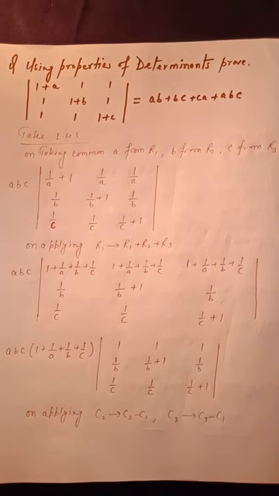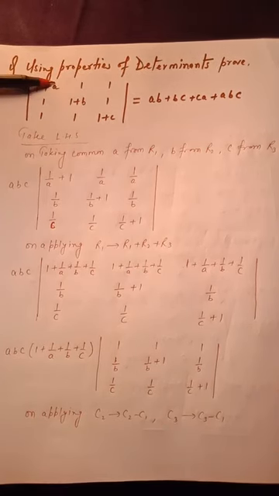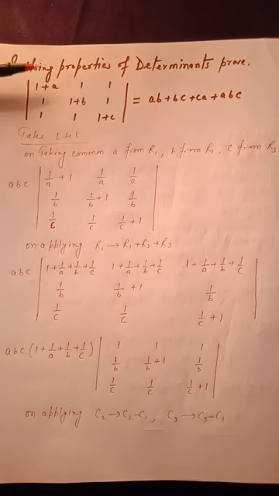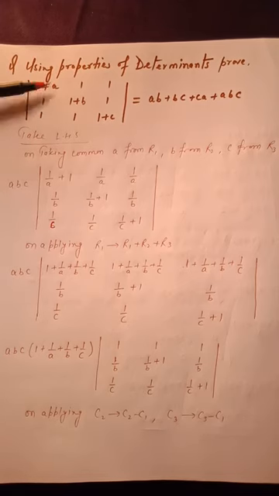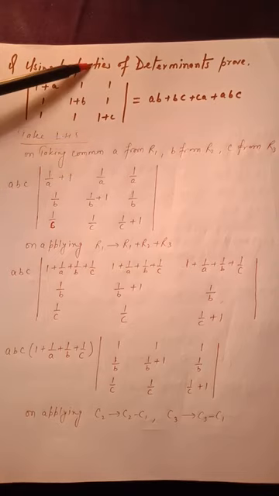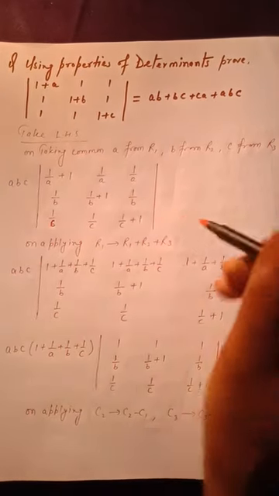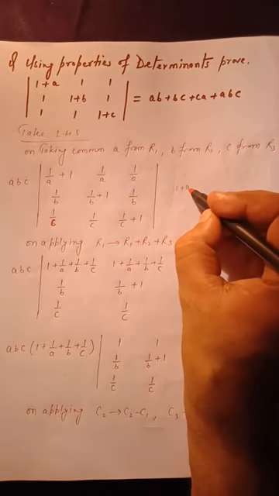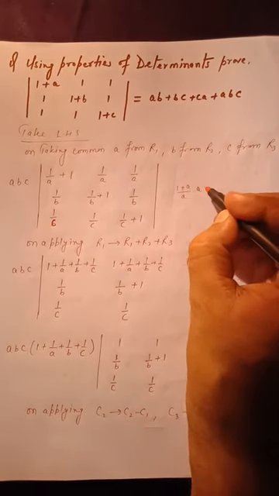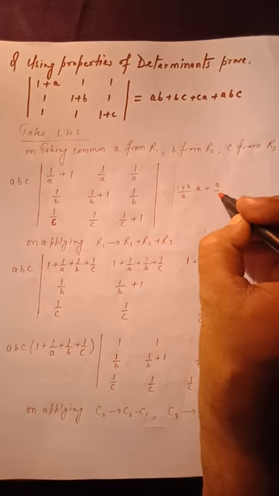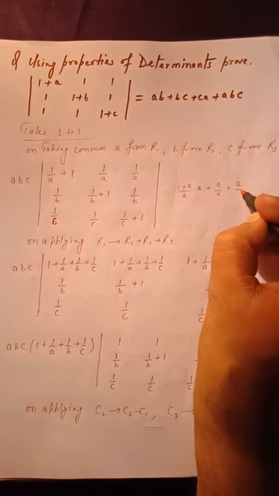You can see in row number 1 there is no A. So when we are taking A common from row number 1, it will become 1 by A plus 1. This will become 1 by A and this will become 1 by A, because this 1 plus A can be written as 1 plus A upon A into A.